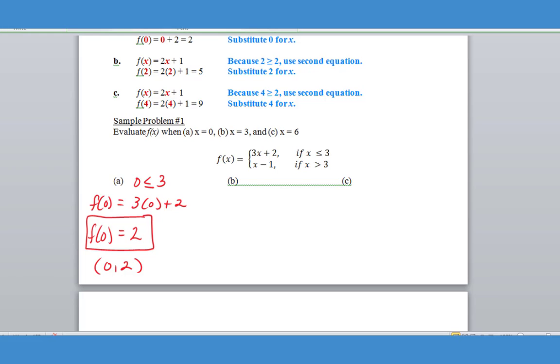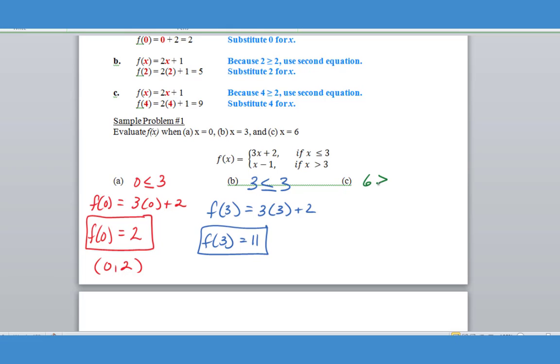Okay, for part B, we actually have 3, and so we need to find the one that is equal to 3. So 3 is less than or equal to 3, which is a true statement. So that means we're going to evaluate 3 for the first piece again. And f of 3 is going to equal 11. And last but not least, we're going to evaluate f of x for x equals 6.